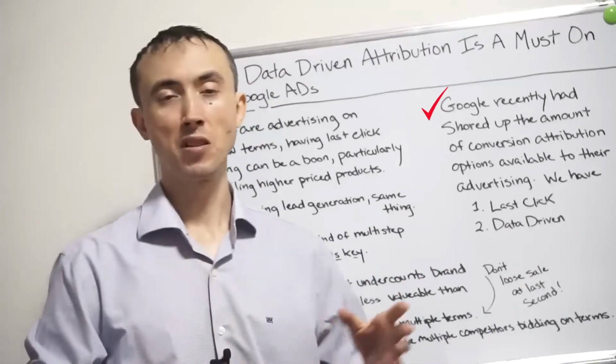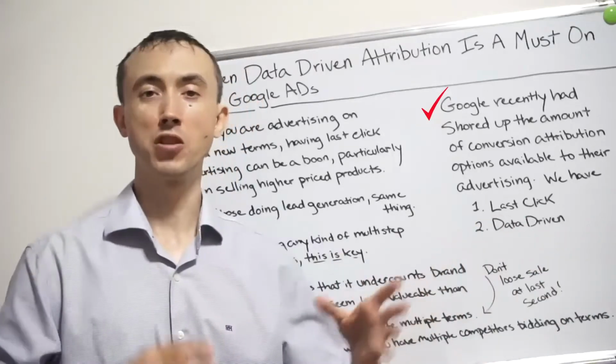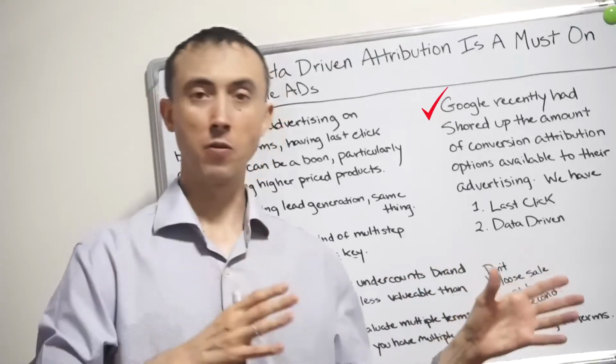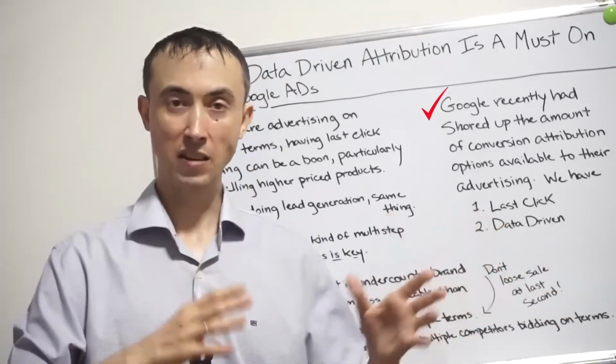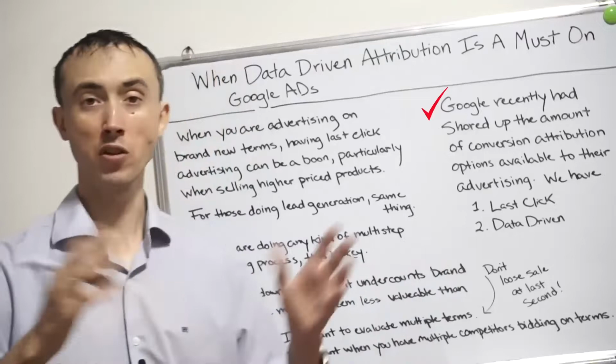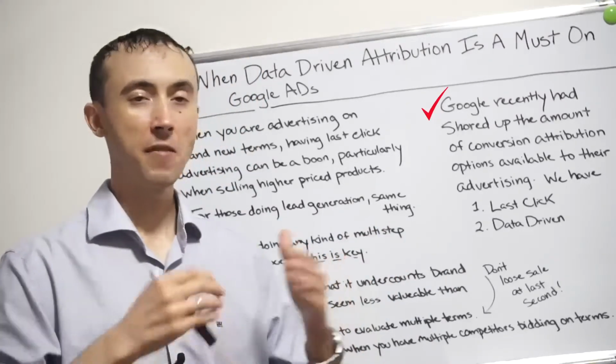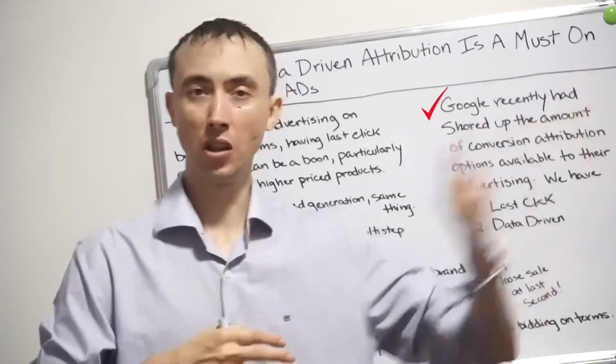Maybe you're an e-commerce business that tracks those other things as well, which you should, because it gives more data for the algorithm that Google has to optimize your ads, as well as yourself. But last click will look at if somebody clicks on more than one of your Google ads.